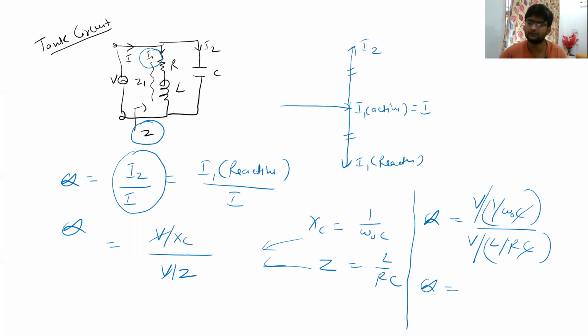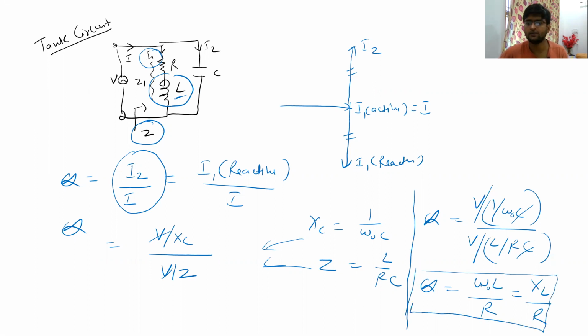So after solving and calculating, we will get omega L divided by R. Omega or omega naught, you can write anything as you wish. So we are going to get Q as omega naught L by R, which can also be written as XL divided by R. So XL was basically the reactance of this inductor. So for a tank circuit, or rather a real tank circuit, our quality factor is going to be this omega L by R or XL by R.